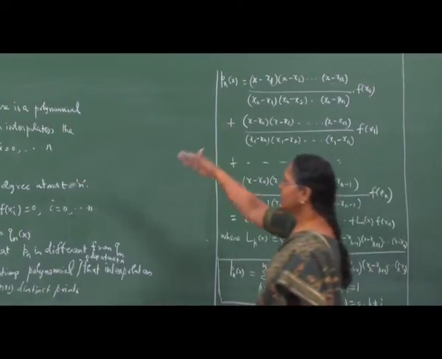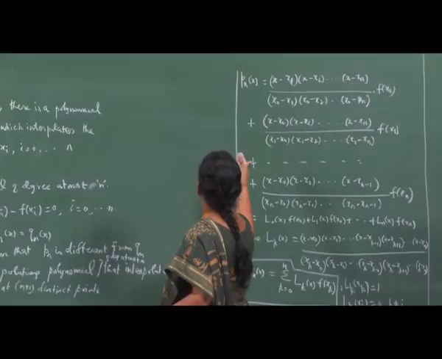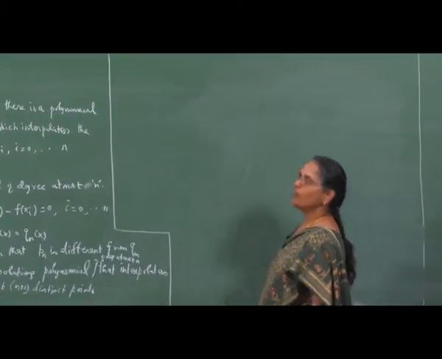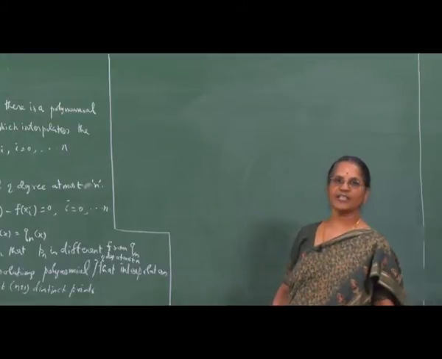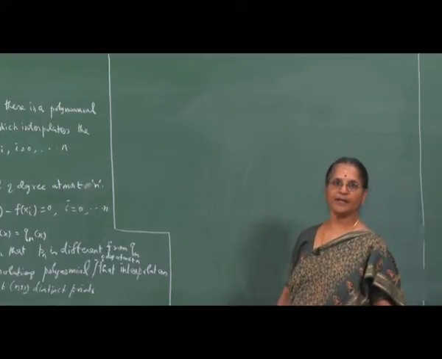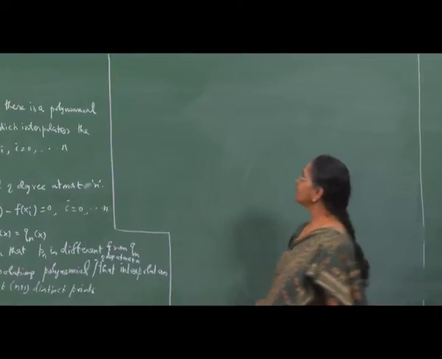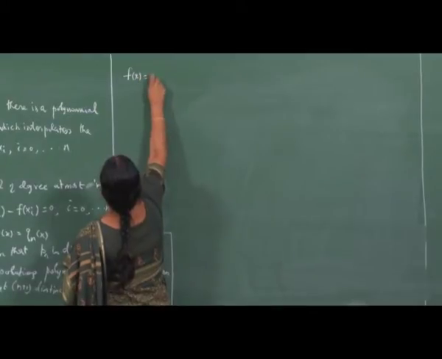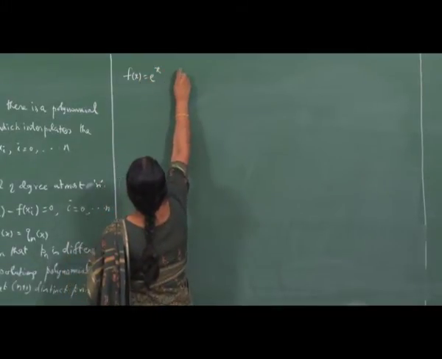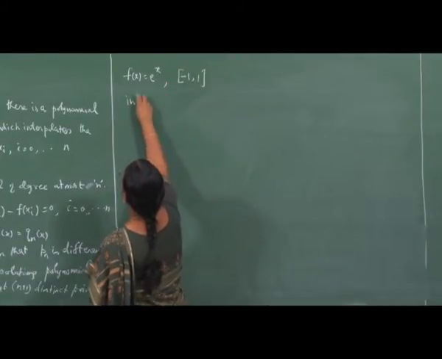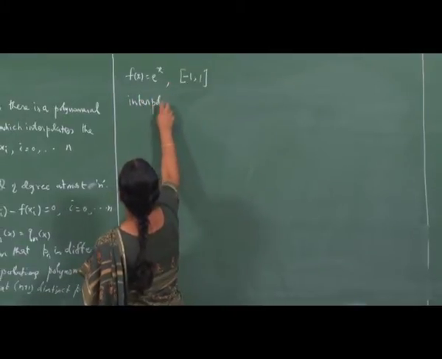So, let us understand the result by taking an example. Suppose say I want you to construct a quadratic interpolating polynomial that interpolates the function f of x is equal to e power x in the interval -1 to 1 with interpolation points.